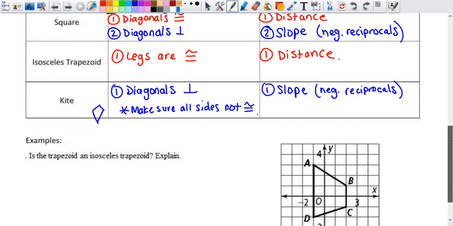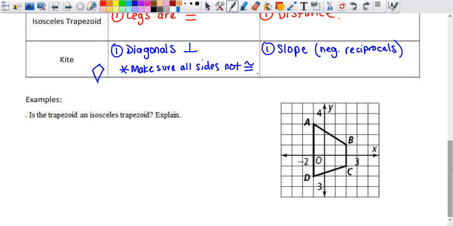All right, let's go on to 3 examples real quick, okay? So here's the first one: is the trapezoid an isosceles trapezoid? So the way we're going to figure this out is that we ask ourselves if the legs are congruent. So here are my legs, AB and CD, okay?